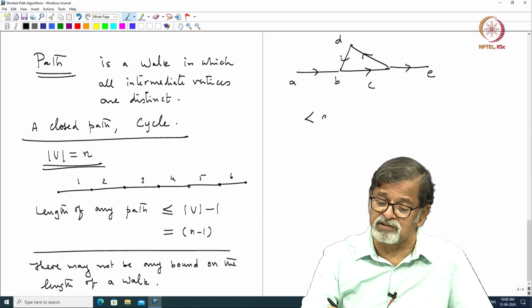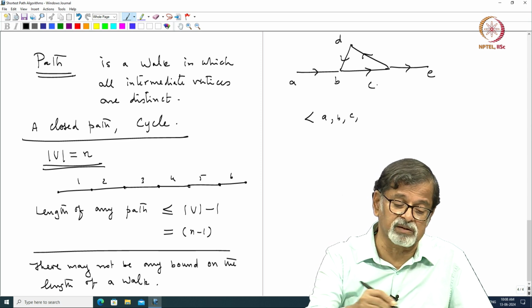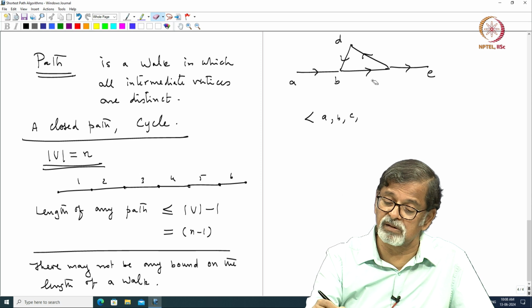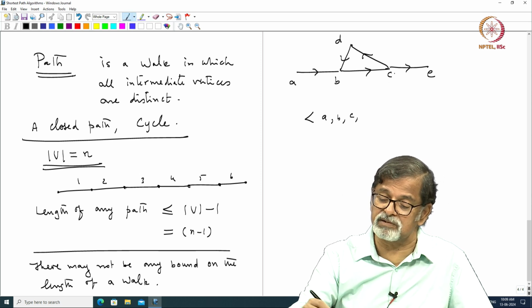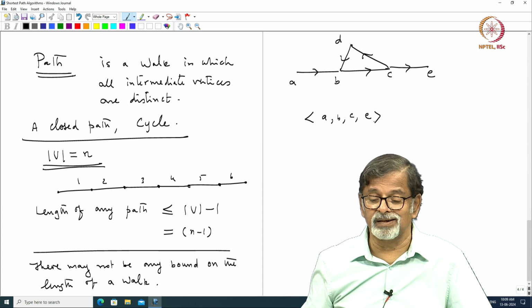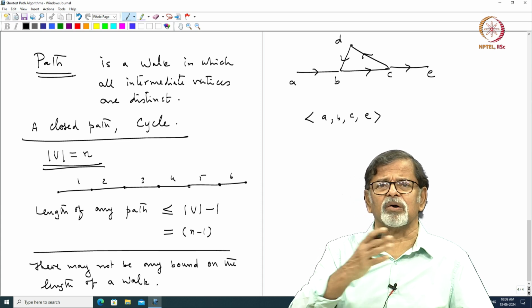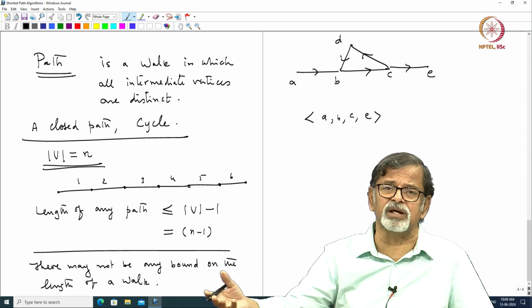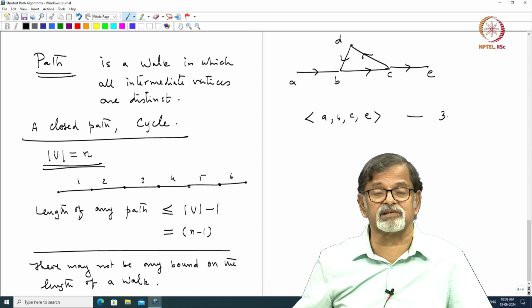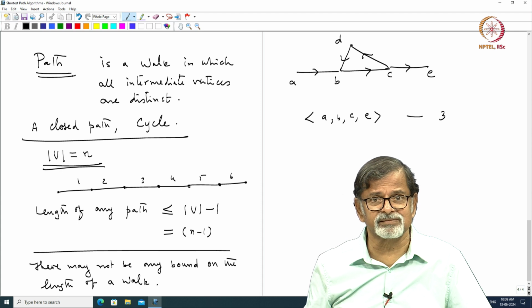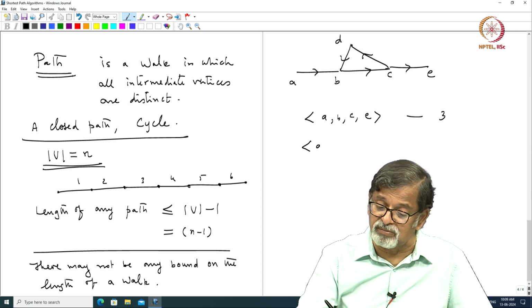The sequence of vertices A, B, C, E. This is a walk. From A you had gone to B, B to C, C to E. It is a walk and it has got 3 edges. Its length is 3.